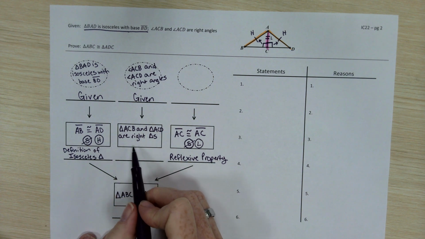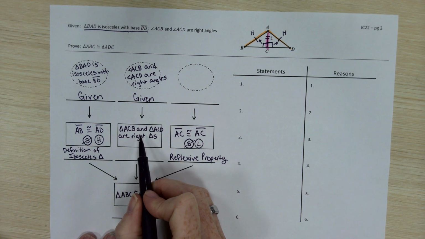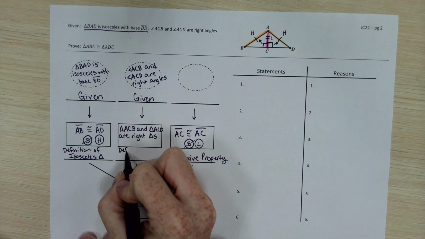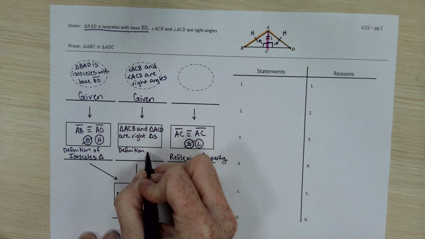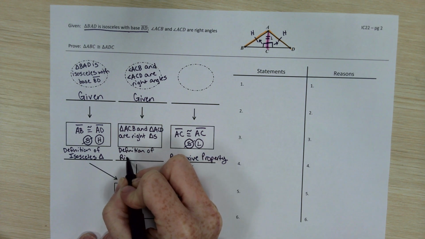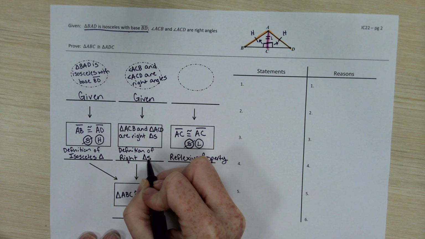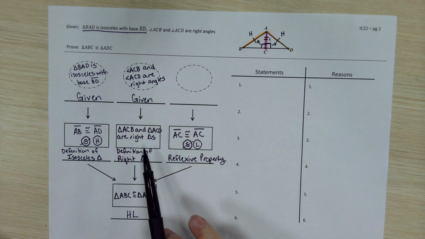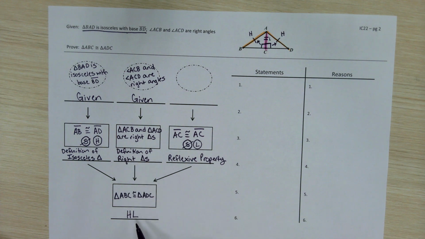So that is the only time we have information in one of these boxes that isn't a congruent symbol. That's the definition of right triangles. And that will always show up after our right angles when we end up doing a hypotenuse leg proof.